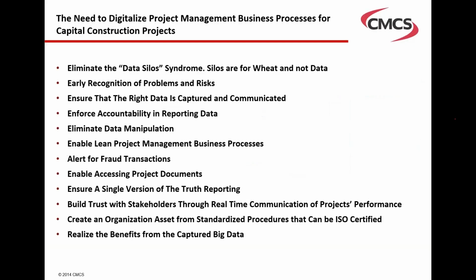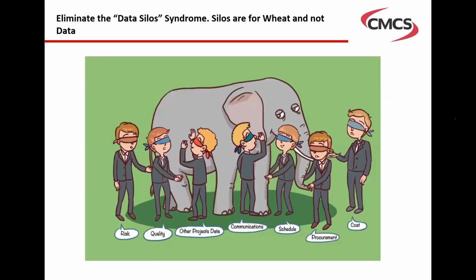Those are some of the issues that are faced by the capital construction project. The first of those is that because we end up using tools like Excel or manual processes, we end up having hundreds of data silos with different data, different information, that don't talk to each other. So when it comes to executive stakeholders, they cannot really understand what's going on.